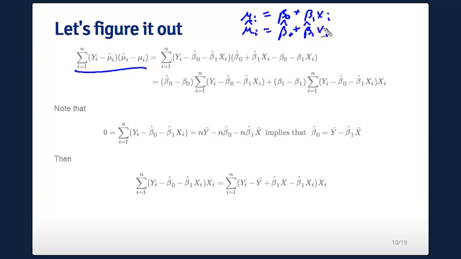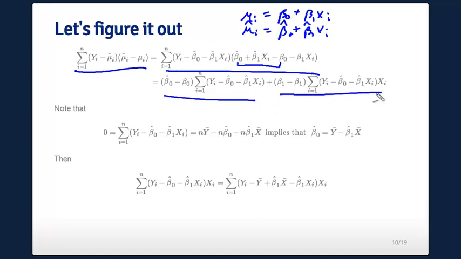If we plug in, we get this equation right here, and we can pull the beta naught hat minus beta naught together, and get that equation and that equation. If that guy is 0 and that guy is 0, then we're set. Well, let's look at this one first.